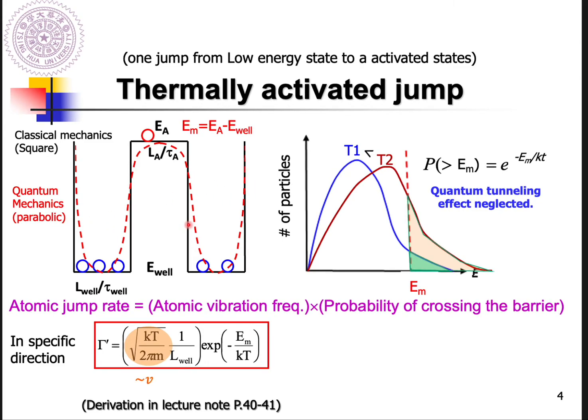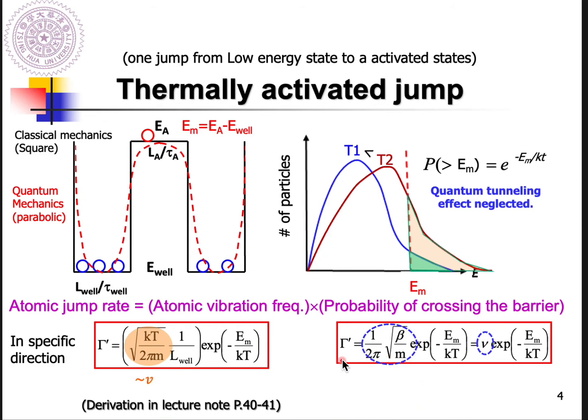After modifying the energy function as parabolic curves, you can get the modified atomic jump rate as the atomic vibration frequency, which is predicted by quantum mechanics from these parabolic curves, times the probability of crossing the barrier, which is the same as what we described in the classical mechanics part.